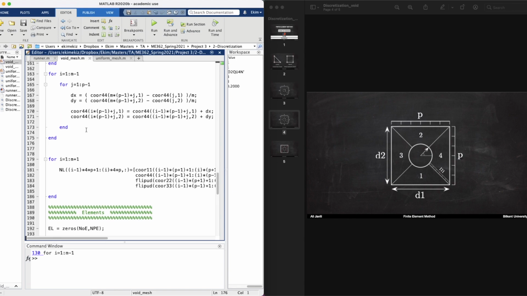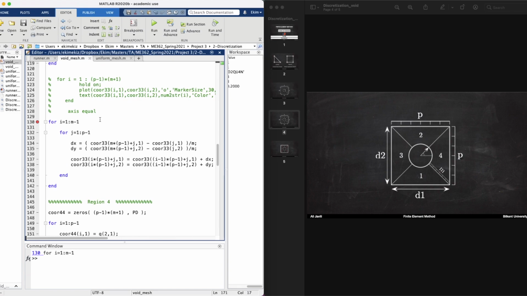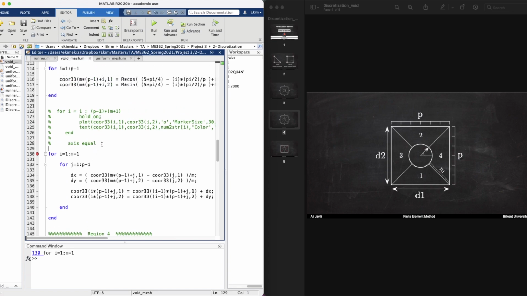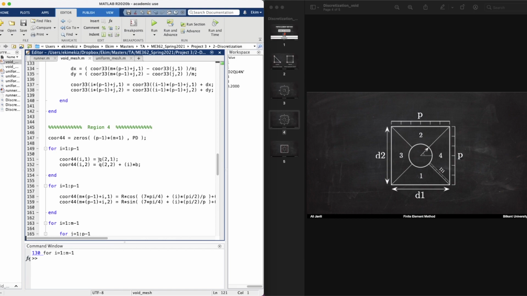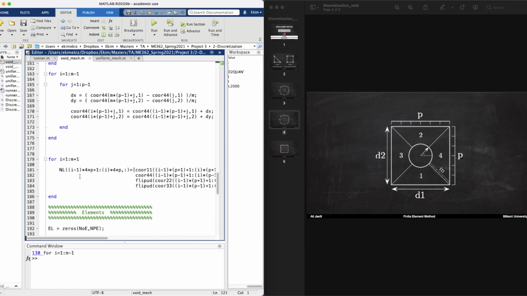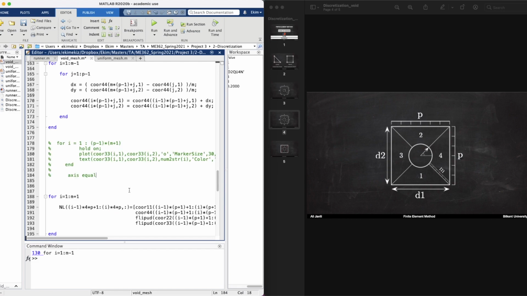Okay, so I will actually plot these regions on the same plot so that we can see what is happening.